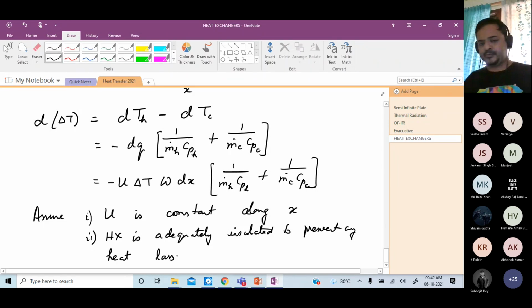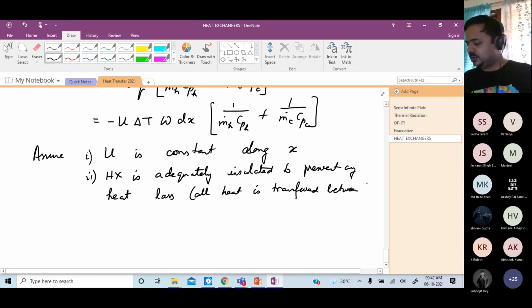Which means all heat is transferred between the two fluids.